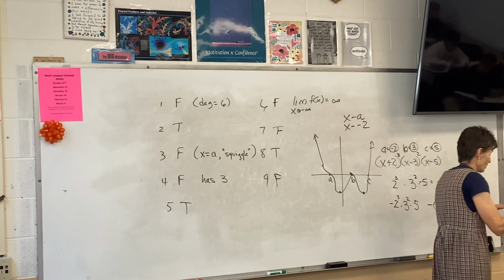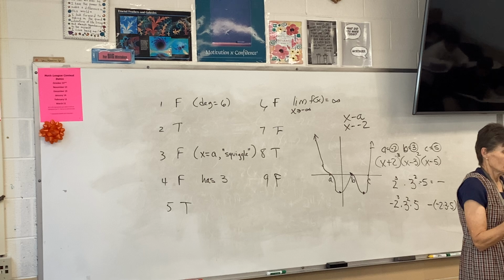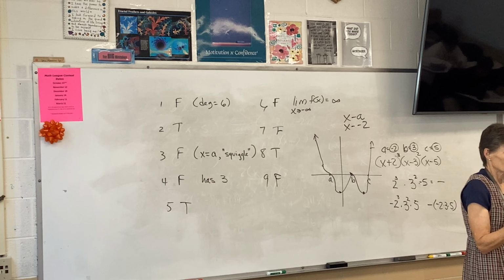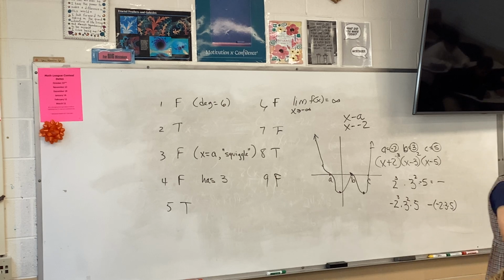More true and false. Here we go. Number 3. Okay. G has a negative instantaneous rate of change at x equals 3. Now, rate of change is slope.